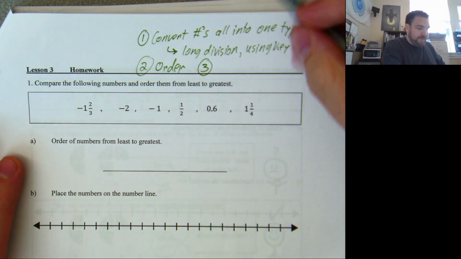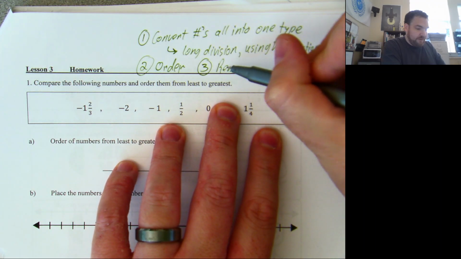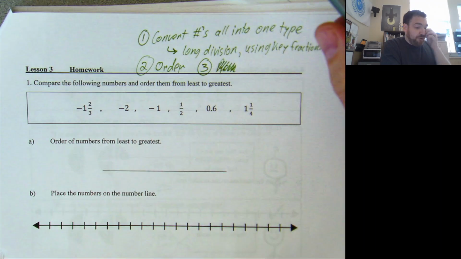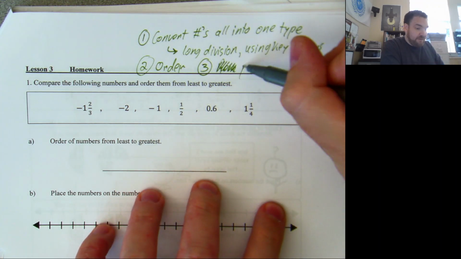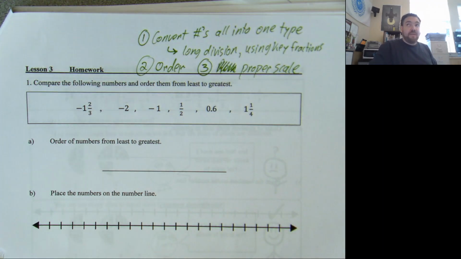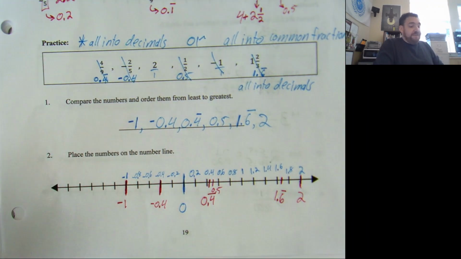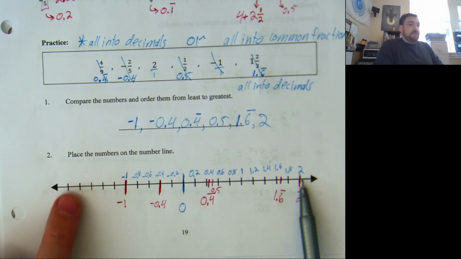And it's important for the number line for you guys to remember, the third thing you need is to have a proper scale. Now, the scales don't all have to be the same. If you recall from yesterday, the one example we did, everything went up by 0.2 because that was a convenient way to bring these all in.